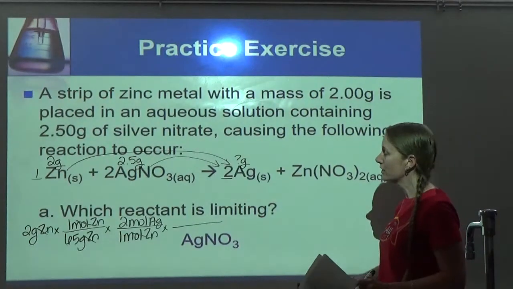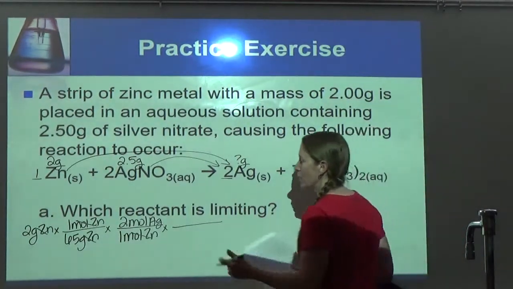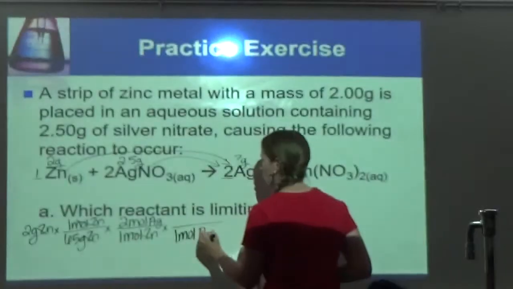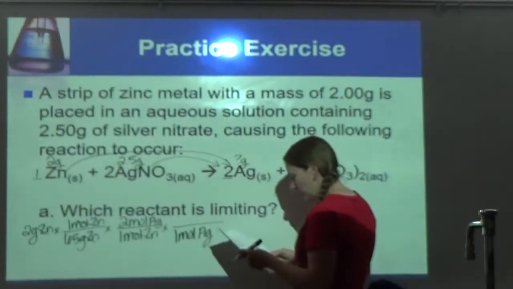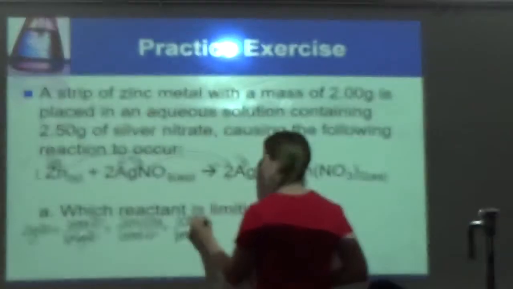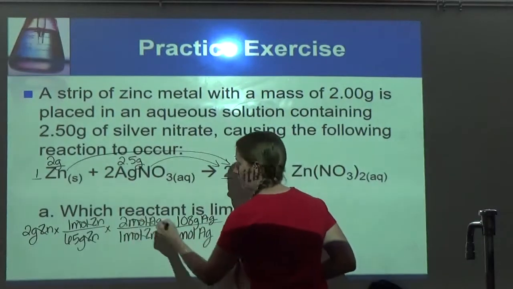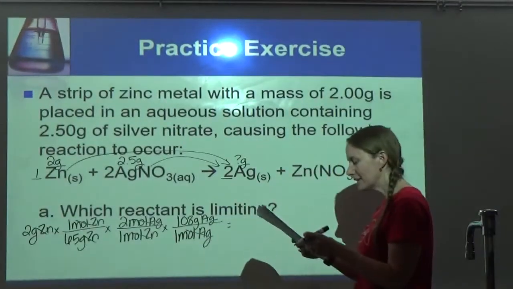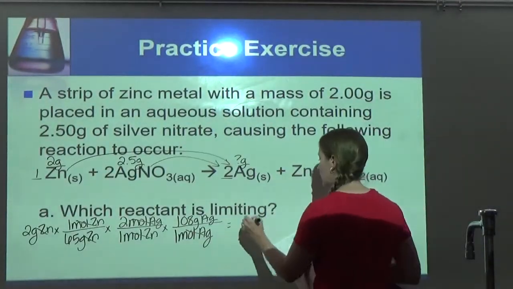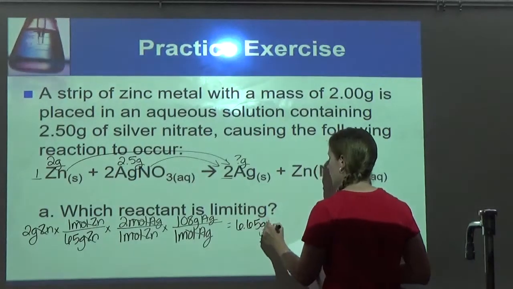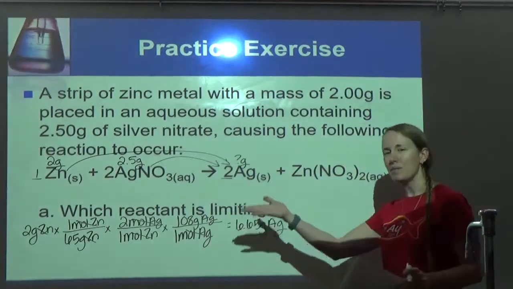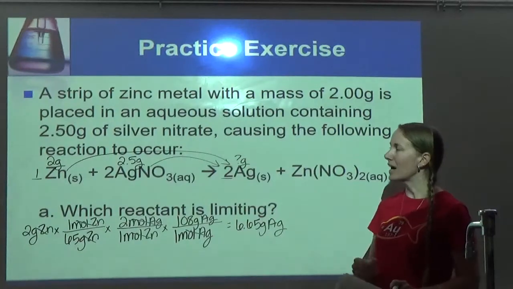Okay, so I am trying to get to grams. So I can say, okay, well, 1 mole of silver is 108 grams. So once I do that, I can see if I use up all my zinc, I will make 6.65 grams of silver. But again, I don't know if that makes zinc the limiting or not until I try the other one.